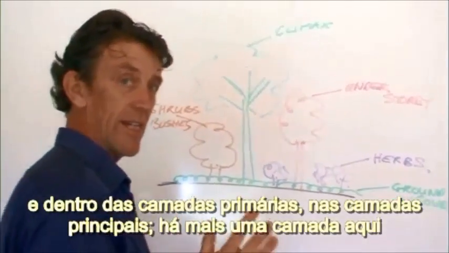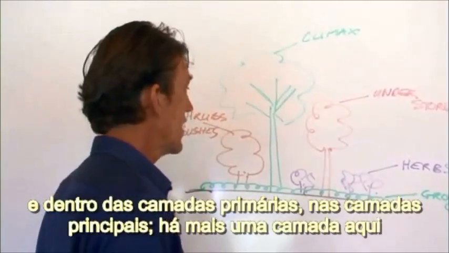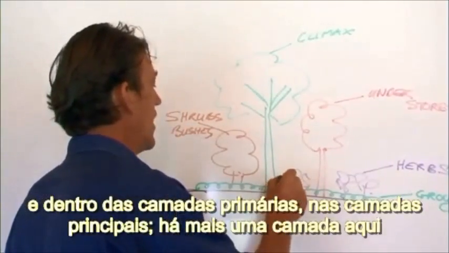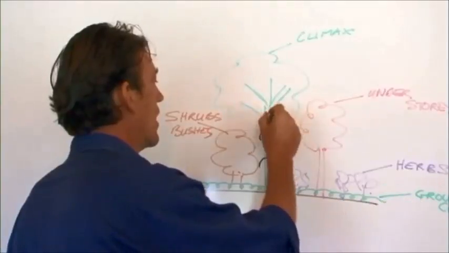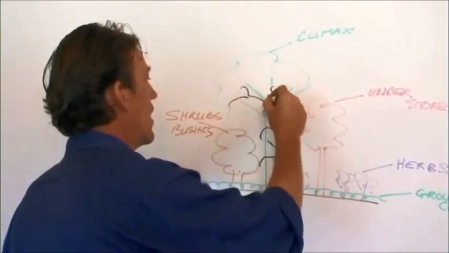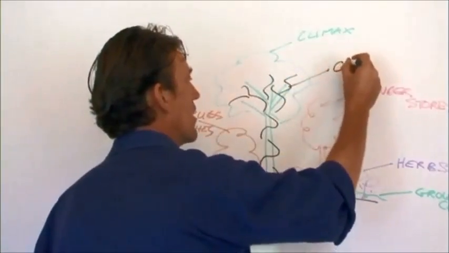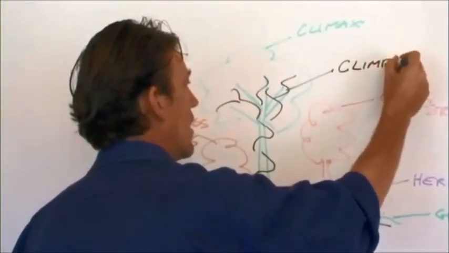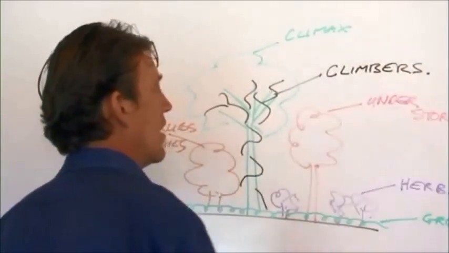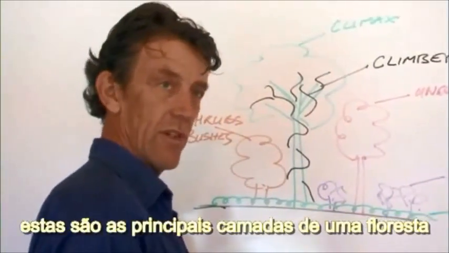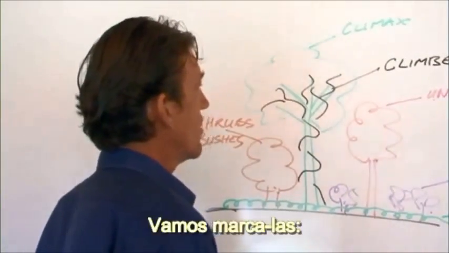And in the basic layers, the main layers, there's one more layer here, and that's the climbing layer, the vertical layer, the climbers. These are the main layers of a forest. Let's count them through.